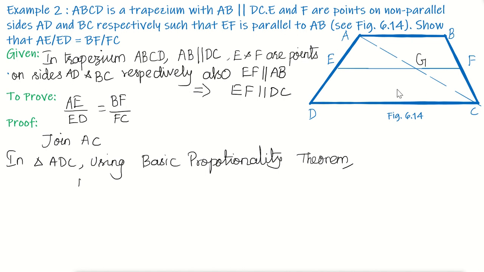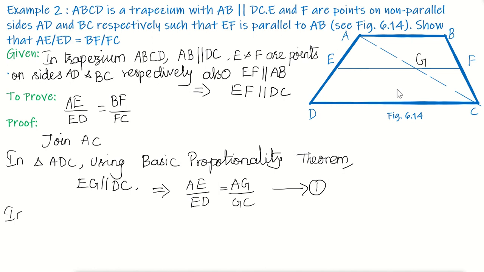EG portion of the EF, EG parallel to DC. Okay, which implies that AE by ED is equal to AG by GC. Equation 1.